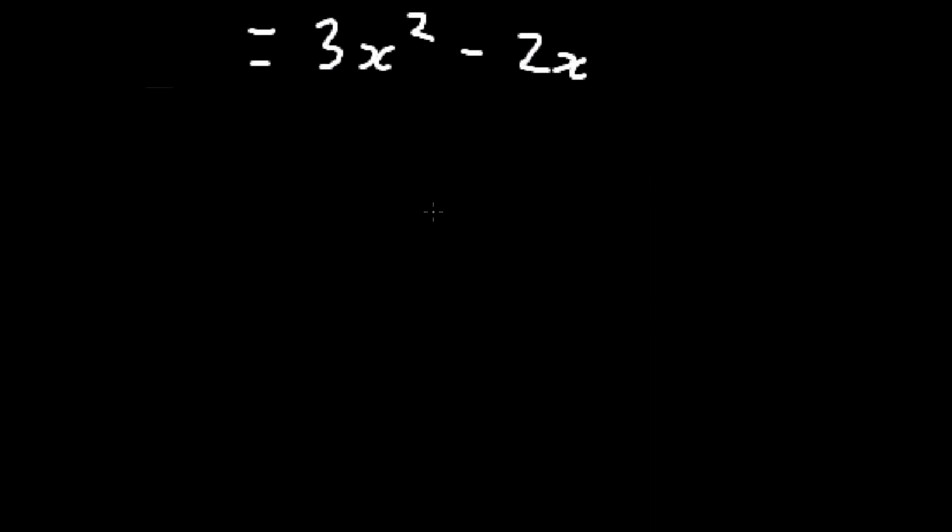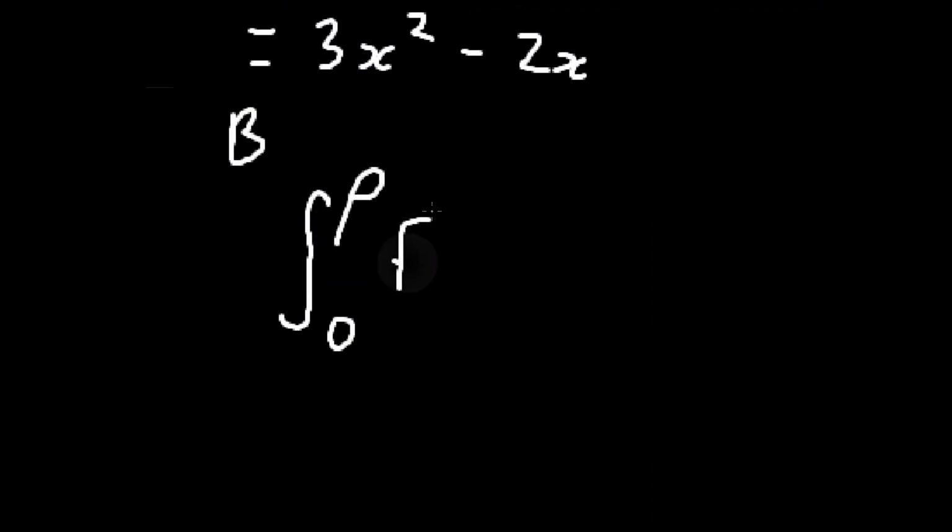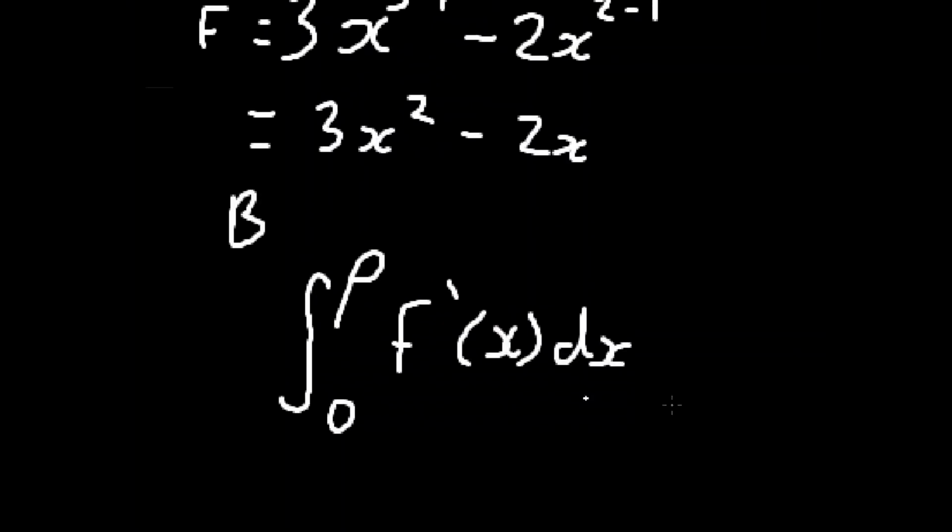Now, the next part, part B, is that they want us to simplify this integral from 0 to this weird looking p. That's strange. We can go through and find the integral, but they're wanting us to use the fundamental theorem of calculus.